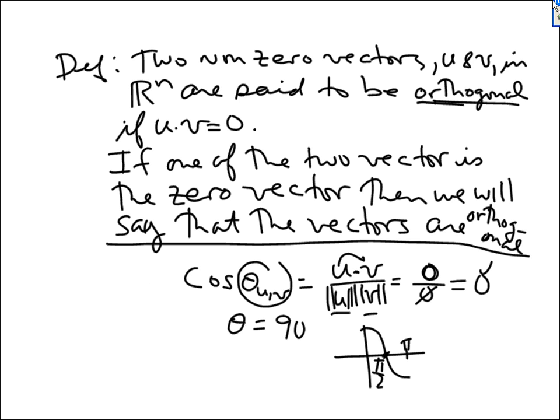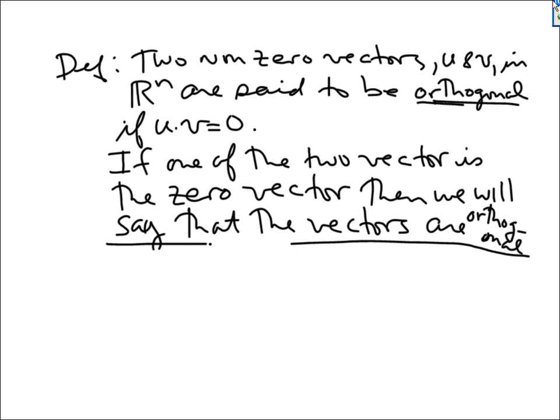So what it's saying is if you have a zero vector and any other vector that isn't 0, we're going to say that those two are orthogonal, and the angle between them is 90 degrees. Why? Because somebody felt like doing that. Mr. Mathematics woke up one morning and said, you know what? The angle between the zero vector and a non-zero vector is 90 degrees.